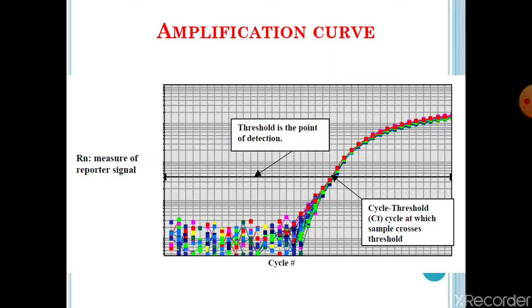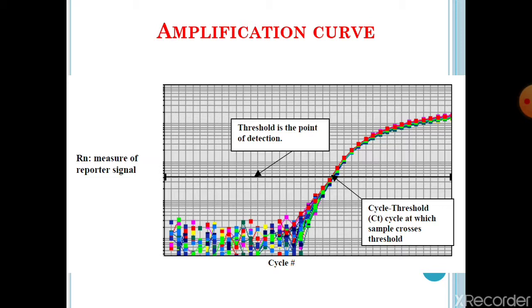The threshold line is the level of detection, or the point at which the reaction reaches a fluorescence intensity above background. The threshold line is set in the exponential phase of the amplification for the most accurate reading. The cycle at which the sample reaches this level is called the cycle threshold, which is denoted by CT.